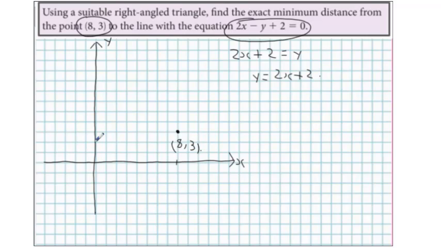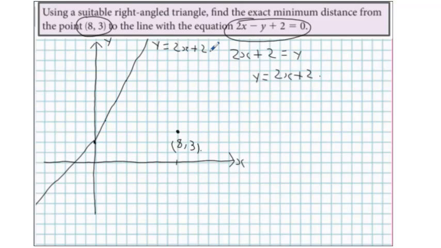So that will have a y-intercept of 2, and every time it will go along 1 and up 2, along 1 and up 2, along 1 and up 2. So it's going to go something like that. And I want it to do the same in the other direction as well. Okay, so we have our line, y equals 2x plus 2.